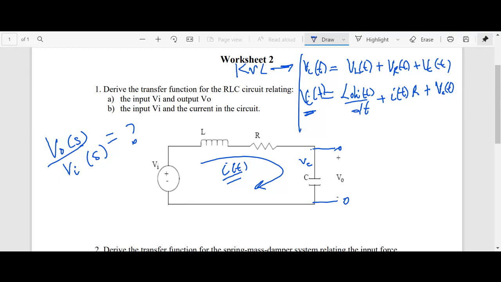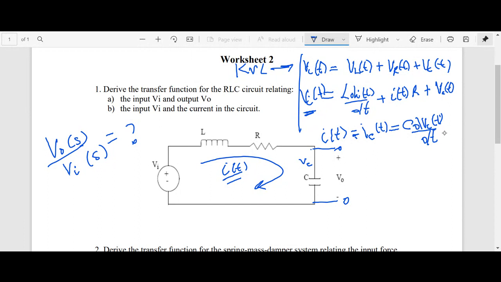You know, I of T is C dVC by dt. So we know that the current through the capacitor, by the way, I'm hoping that we're seeing that the same current passes through all the components. So I could therefore write I of T is equal to IC of T, which is equal to C dVC of T dt.